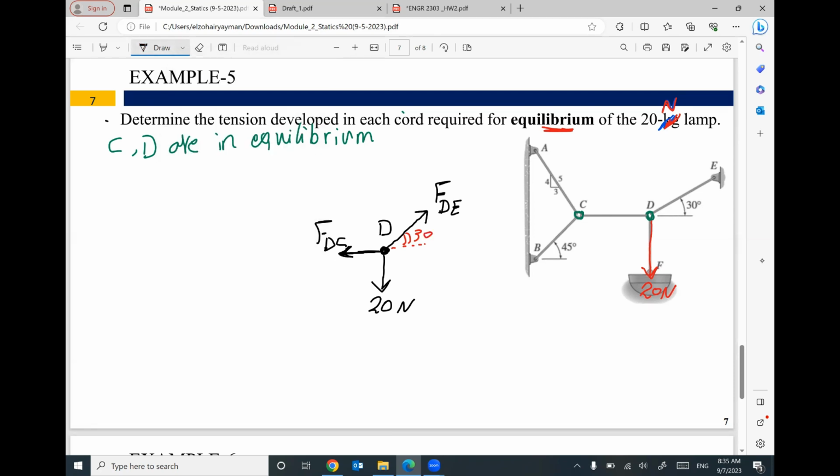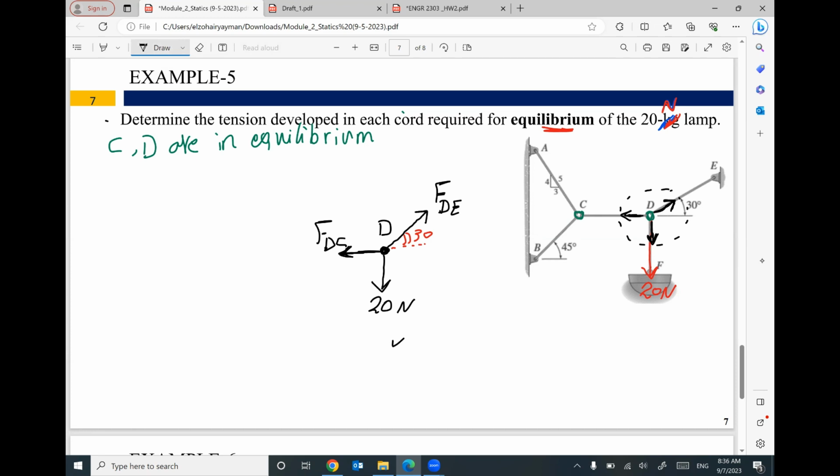This is for point D. One more time. If you look at this diagram at point D, I should expect a vertical load, a force in this cable, and a force in this cable. This is what I did for joint D here.